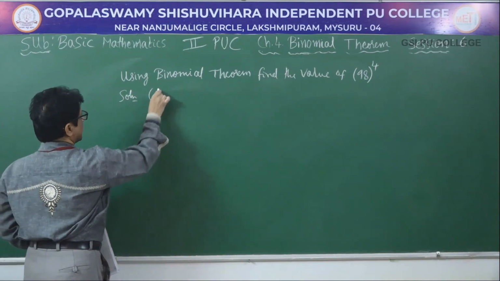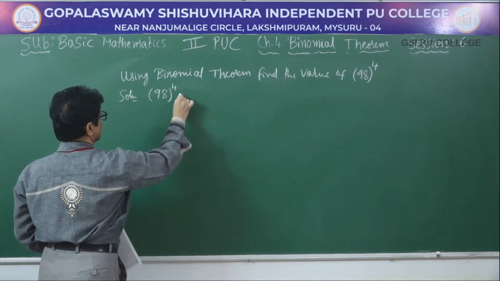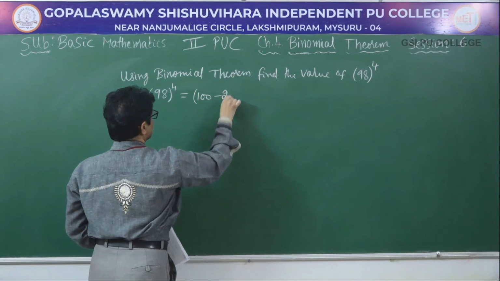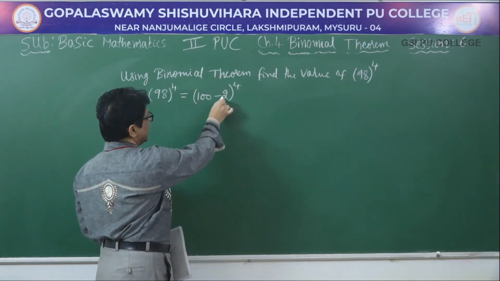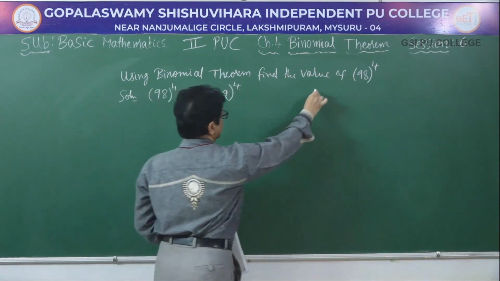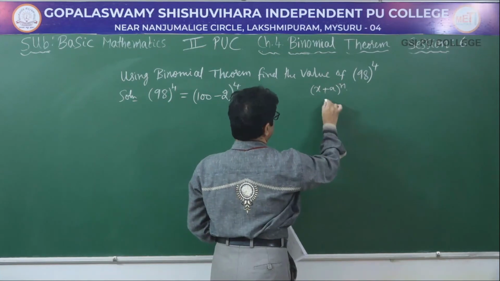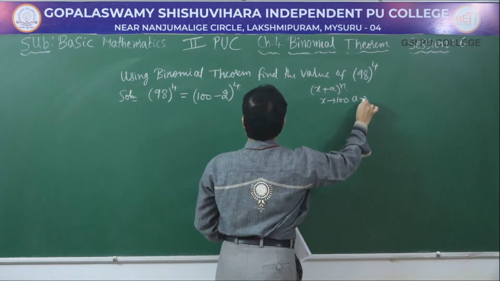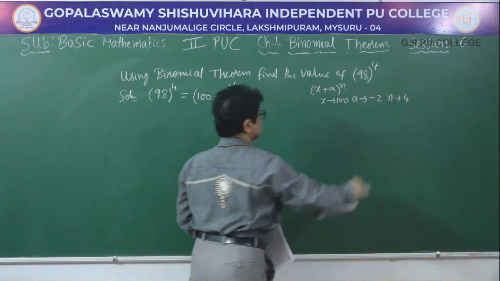Solution: 98 whole power 4 will be equal to 100 minus 2 whole power 4. Comparing 100 minus 2 whole power 4 with x plus a whole power n, we get x is 100, a is minus 2 and n is 4.